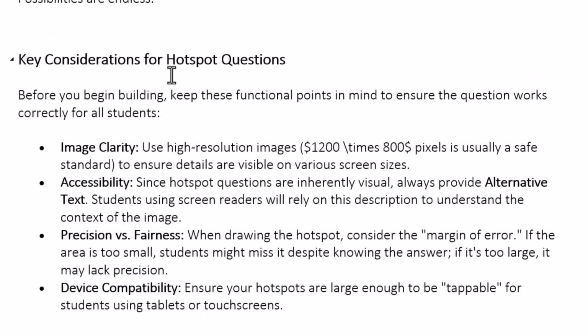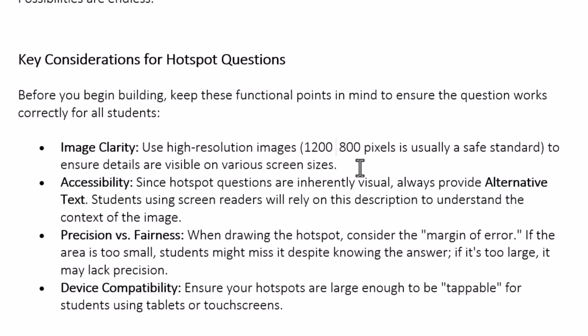Now here are some of the key points that we should consider before creating a hotspot question. It says to keep these functional points in mind to ensure the question works correctly for all students. First, image clarity. We need to use high resolution images, which should be 1200 by 800 pixels.